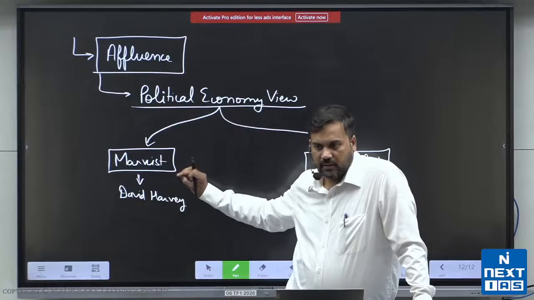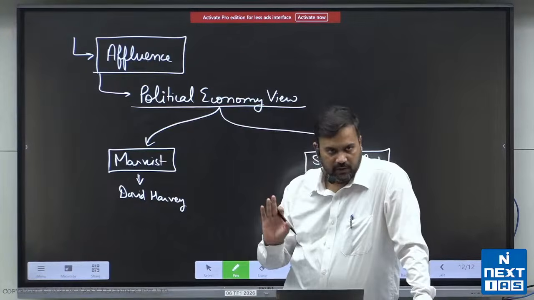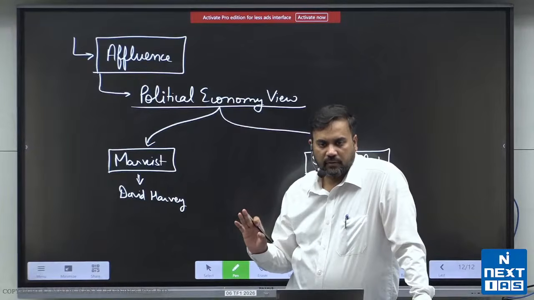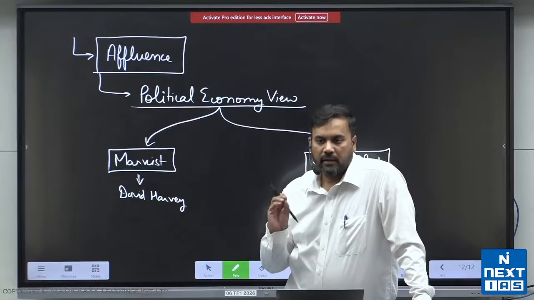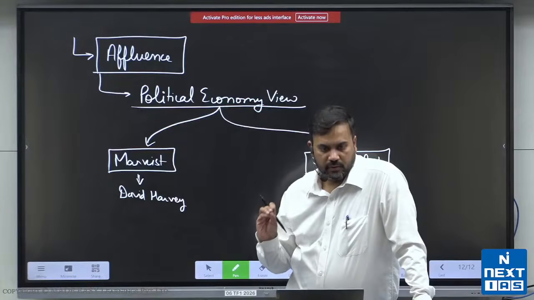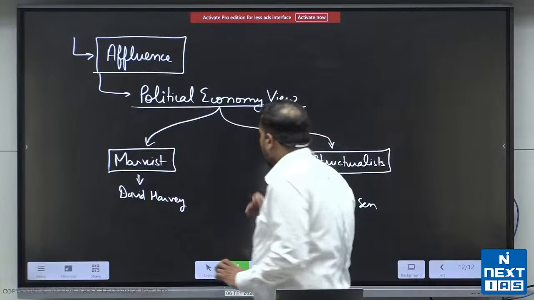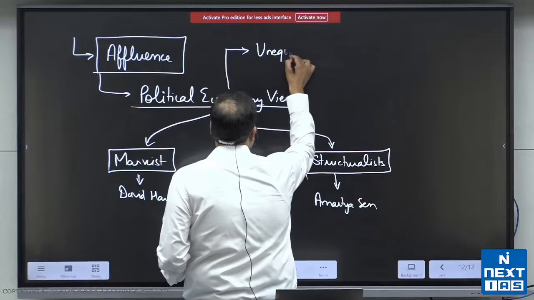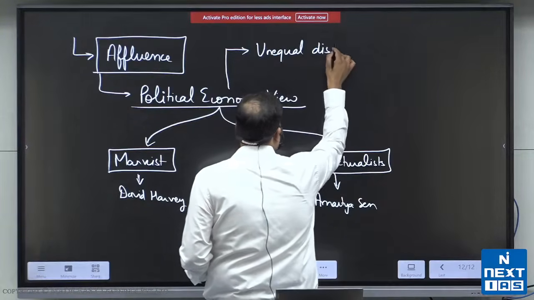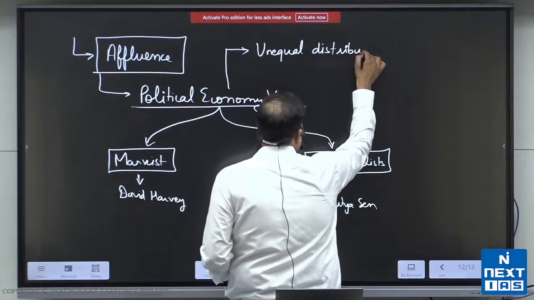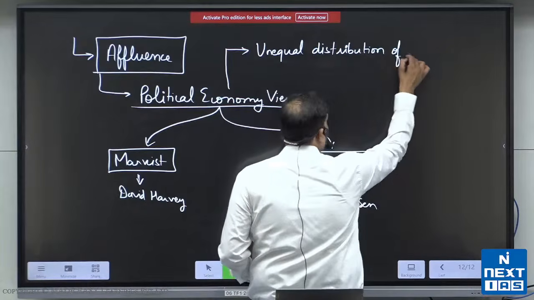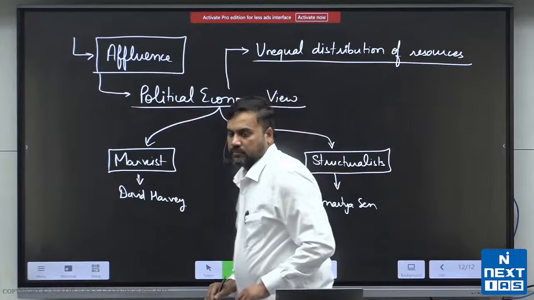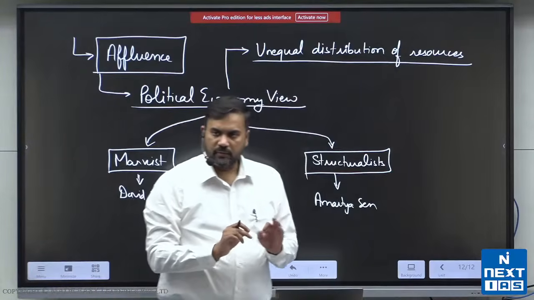So that is the basic idea of the political economic view. Marxists और ये दोनों एग्री करते हैं एक बात पर कि these problems of population, these are result of what? They are result of unequal distribution of resources. Both of them agree on one thing, they are result of unequal distribution of resources.